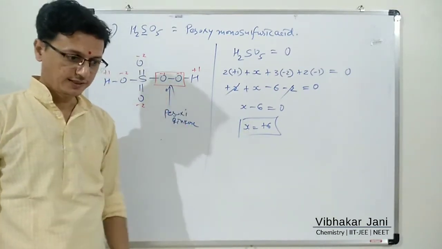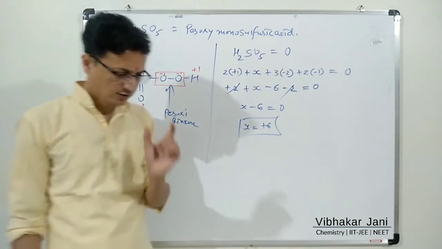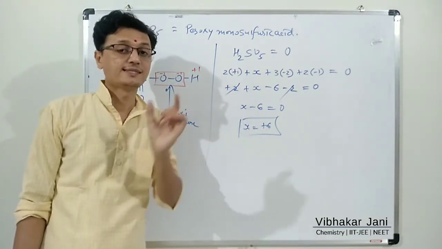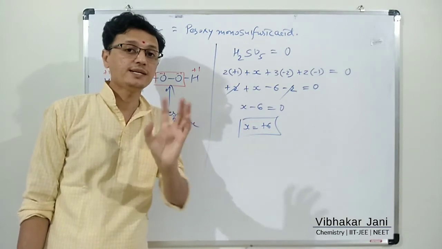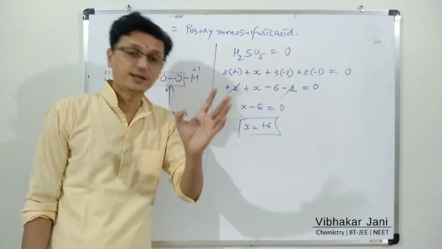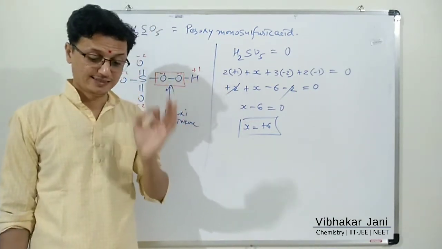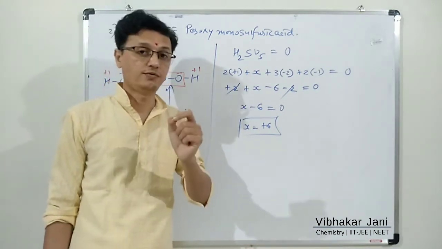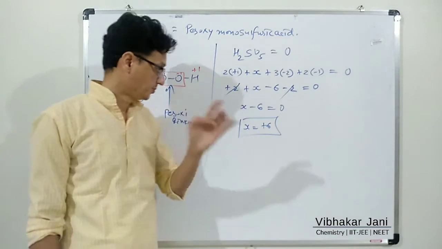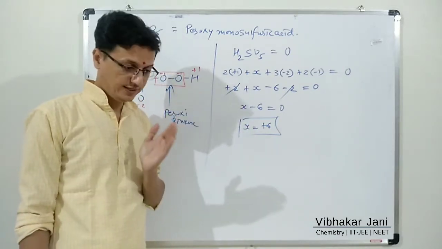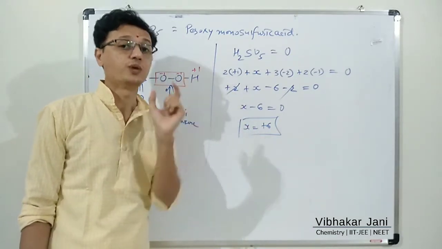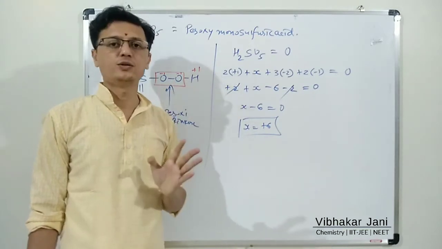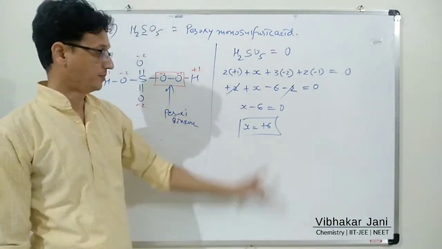Now remember one thing. If the word sulfuric acid is present in the name of any compound, then it is clear that the oxidation state of sulfur is always +6. If the name contains the word sulfuric, then definitely oxidation state of sulfur will be +6.